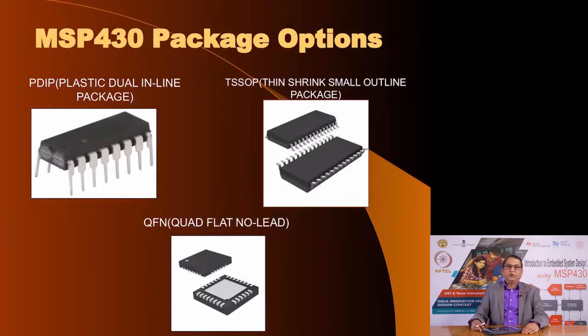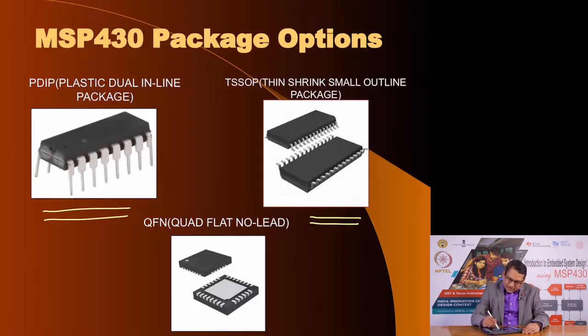These are the available packaging options. You can have MSP430 in DIP form, and we are going to use a DIP, dual inline package, IC for our experimentation board. You can also have it in SMD varieties of the type called TSOP, and then even smaller.